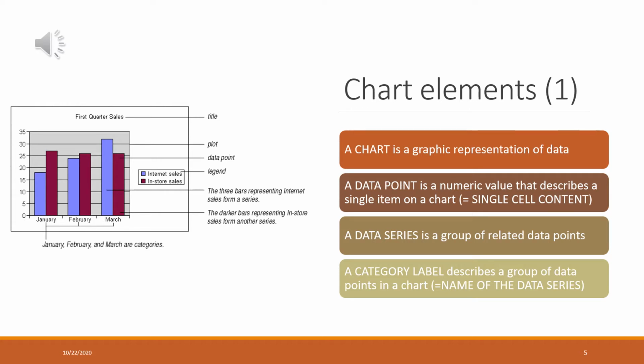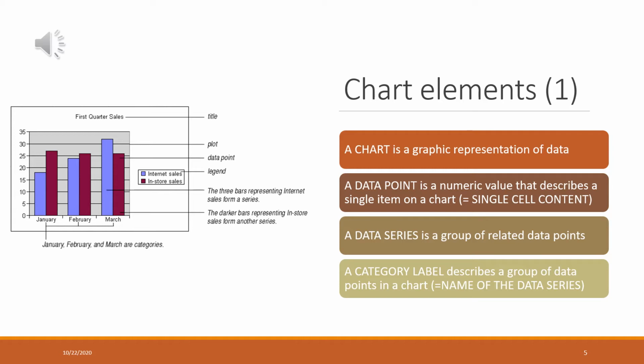A data series is the group of related data points. The three bars are a data series. From internet sales, it's one series. In-store sales, it's another data series. Data series is a group of related data points. You may have a data point that belongs to many data series.